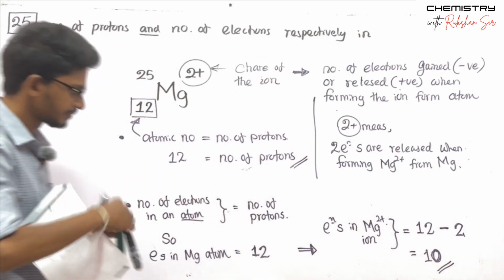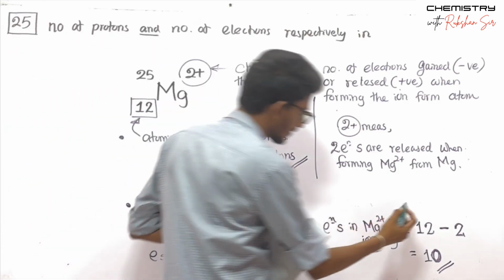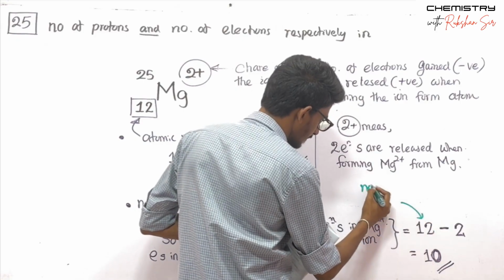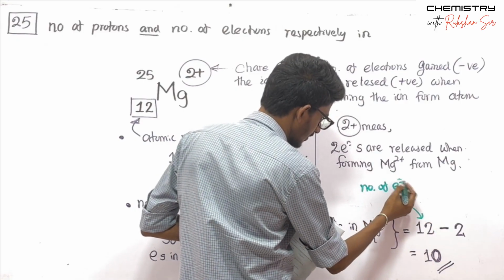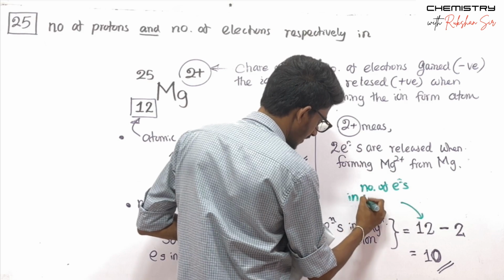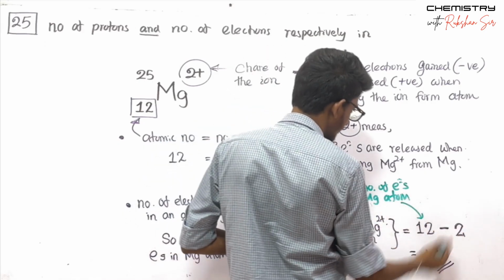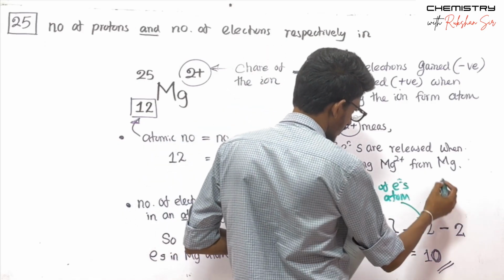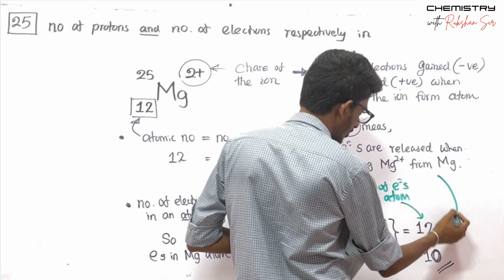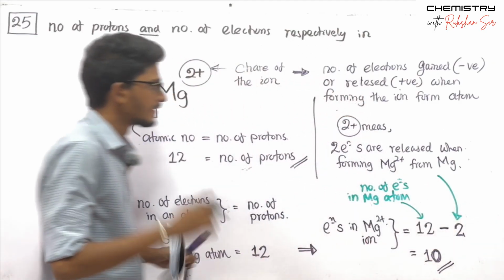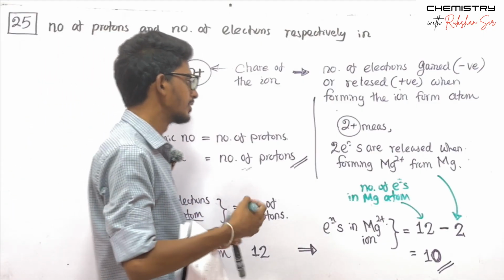This is the number of electrons in the magnesium atom, and this is the number of electrons released when forming magnesium 2 plus.